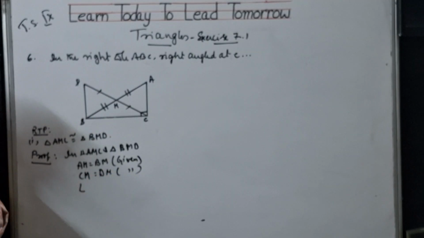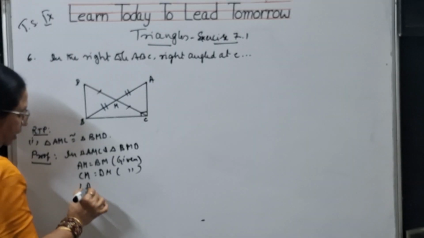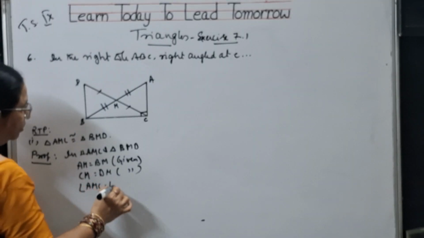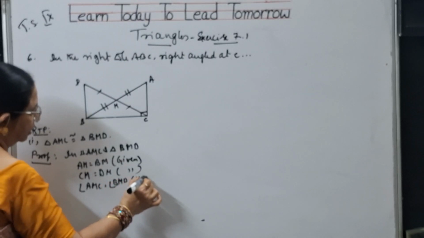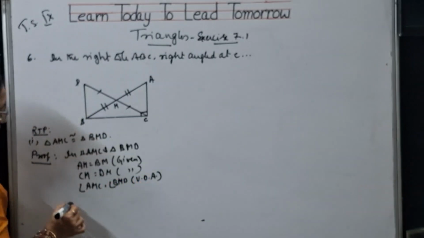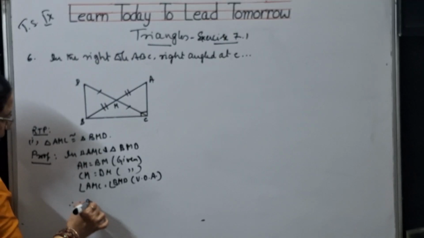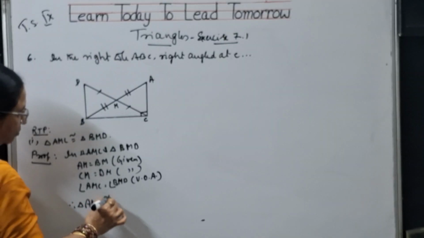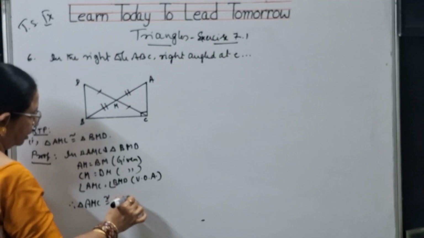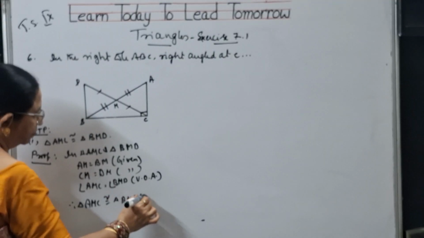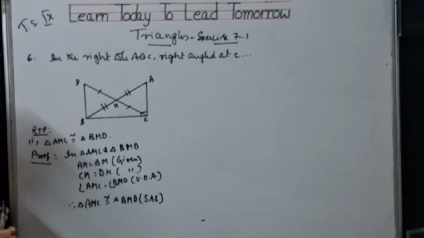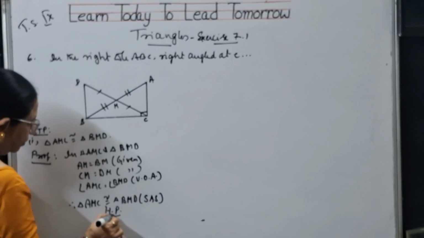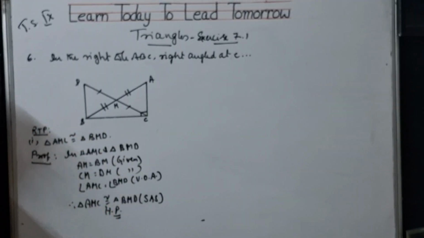And angle AMC is equal to angle BMD. They are vertically opposite angles. Therefore, triangle AMC is congruent to triangle BMD basing on side angle side property. So, this is proved in this way, hence proved. So, the first bit is proved here, children.